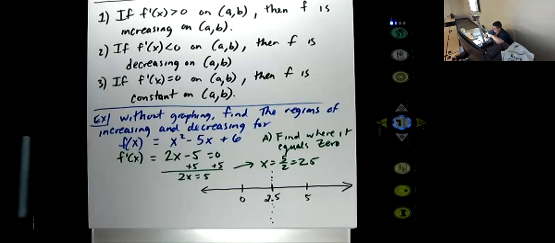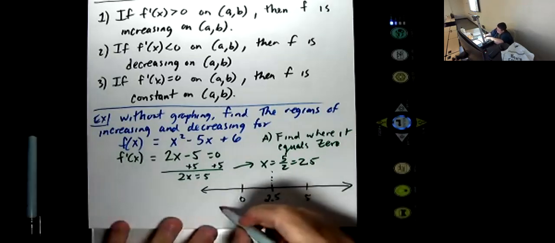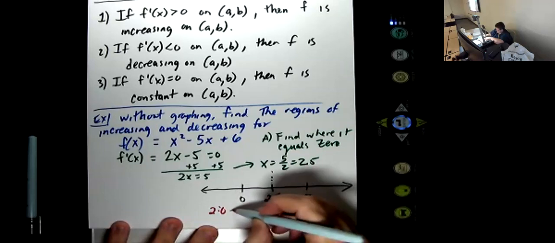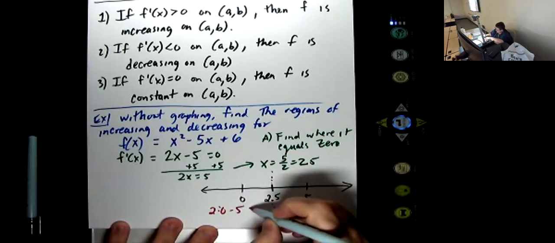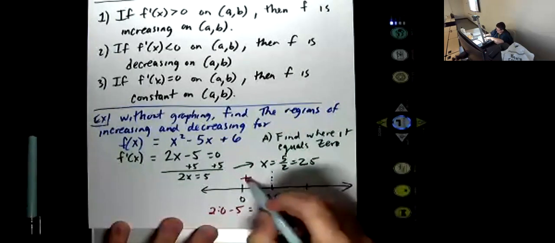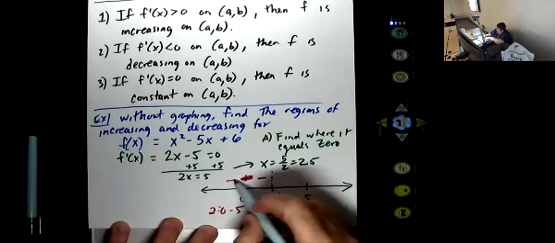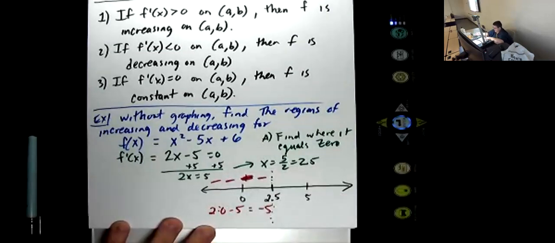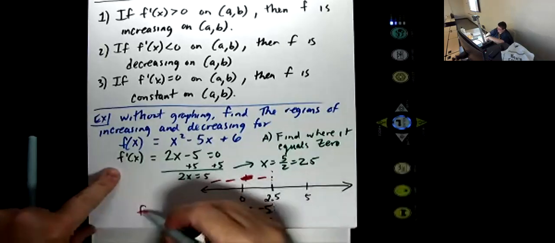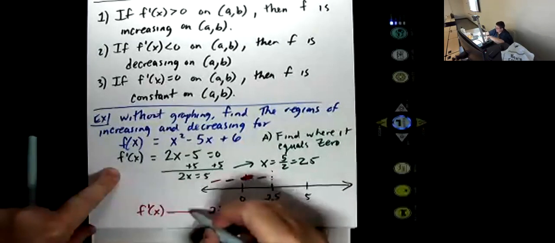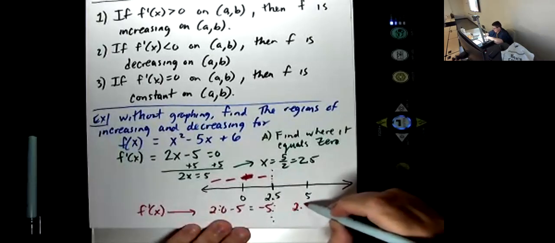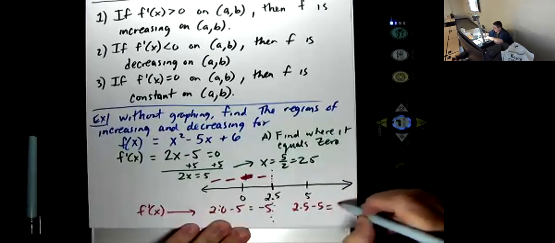I plug in 0, I've got 2 times 0 minus 5. That is negative 5. So this whole region is negative. If I stick in 5, we're plugging them into f prime of x, I have 2 times 5 minus 5 equals 5.